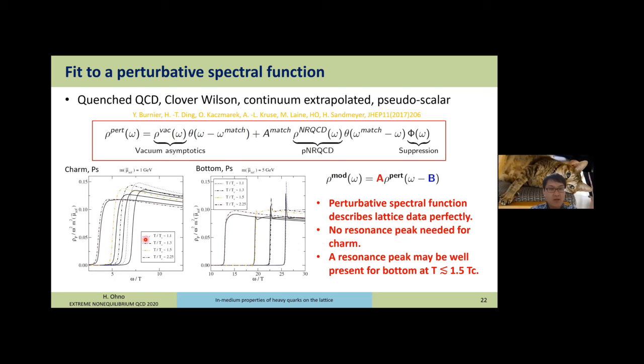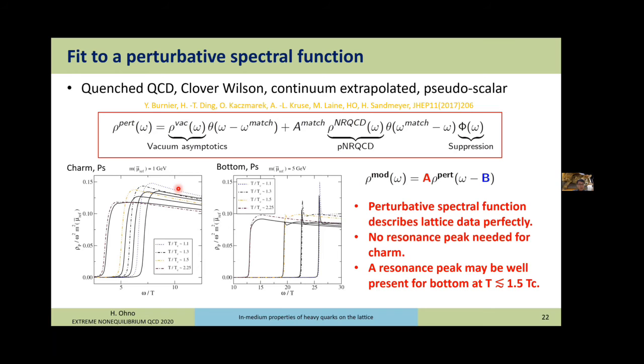And then these two plots show the corresponding spectral functions. These dashed lines correspond to this part of the spectral function itself, and these solid lines correspond to our model spectral function after modifying this scale factor and this shift.